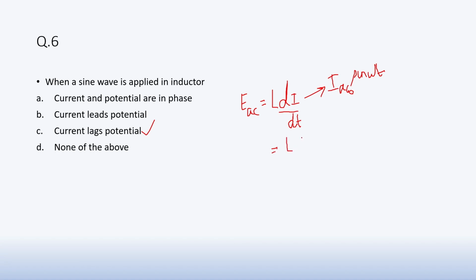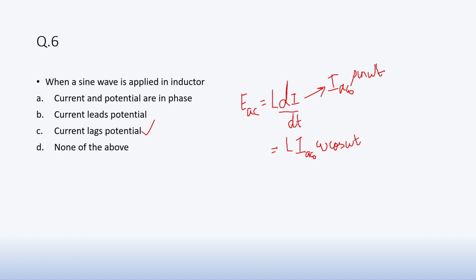I_AC naught is a constant, so I can take it out. And the differentiation of sine omega t is omega into cos omega t, right?